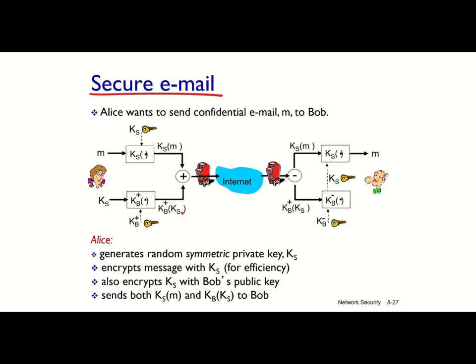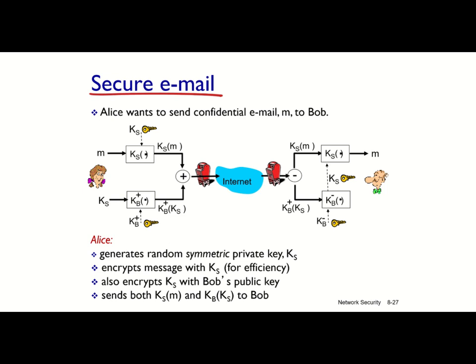This way she can encrypt KS so no one else can see the private symmetric key. Alice sends this encrypted key along with the message encrypted by the shared symmetric key.